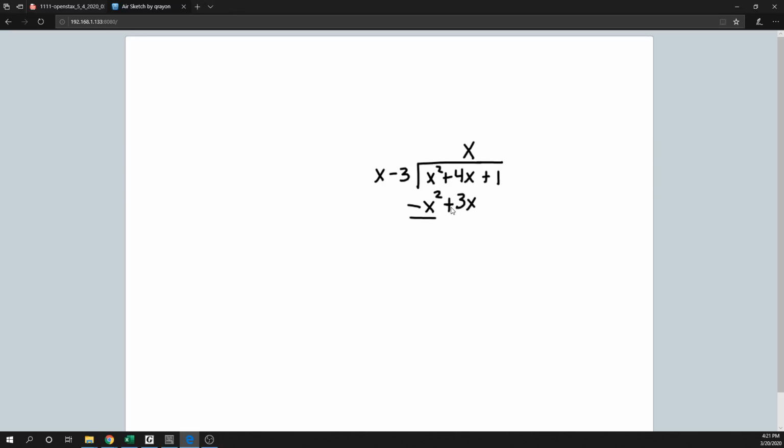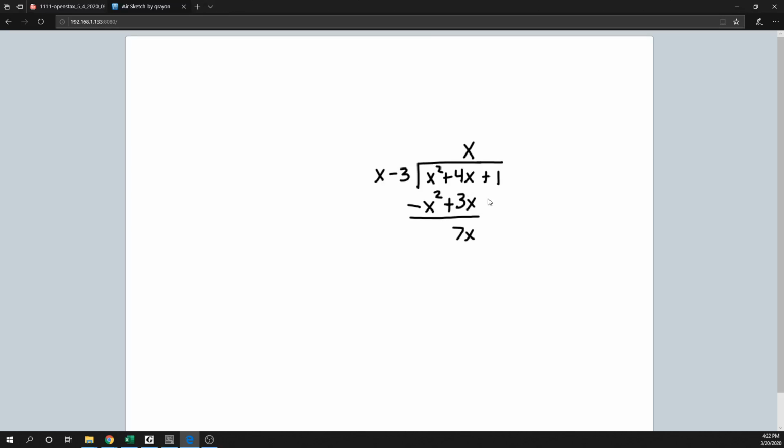And then I am going to add these two terms. This first term should always drop out if you did the division part correctly, and there's no need to write that, but I do like to write every other term. So 1x squared minus 1x squared gives me 0x squared, and normally that first one always drops out, so don't write it. 4x plus 3x gives me 7x. So that is the subtraction step.